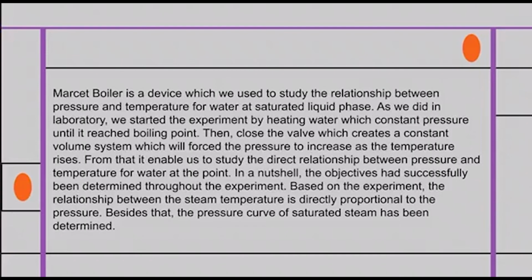For the conclusion, we use the Marcet boiler to investigate the relationship between pressure and temperature for water in the saturated liquid phase. We begin the experiment by heating water under constant pressure until it reaches boiling point. Then we close the valve, resulting in a constant volume system that forces the pressure to increase as the temperature increases.